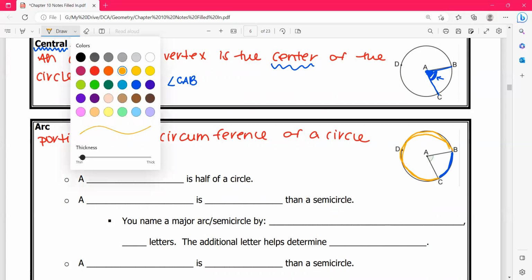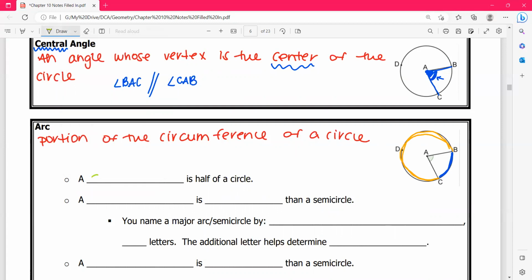Okay, so first of all here, we've got a semicircle, which is half of a circle, okay? So semicircle is half of the circle. That should be familiar to us. We use the diameter, because we know the diameter is going to be cutting the circle right in half.